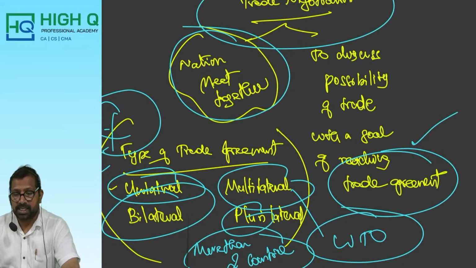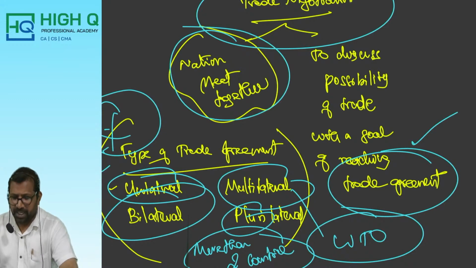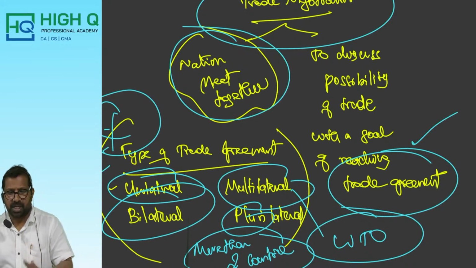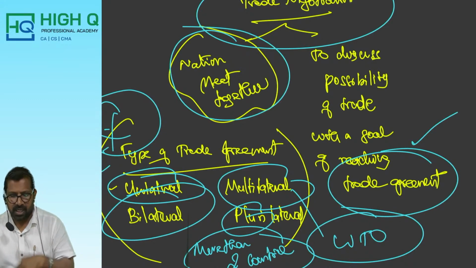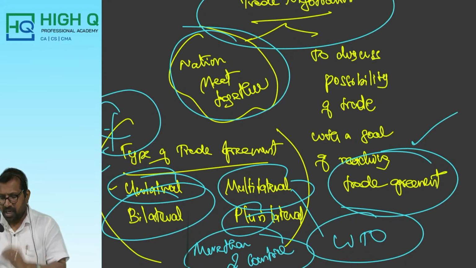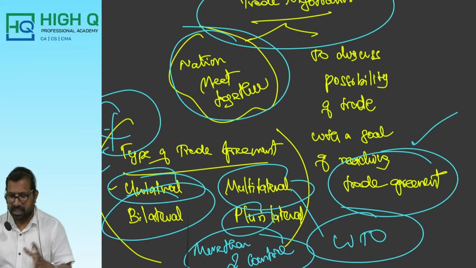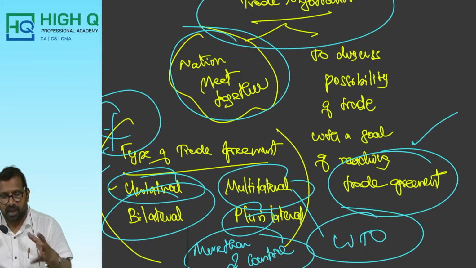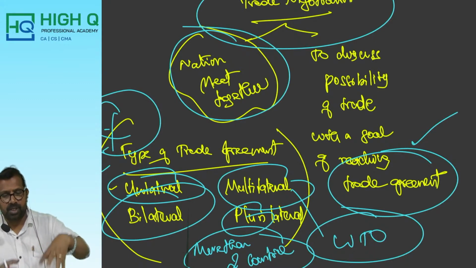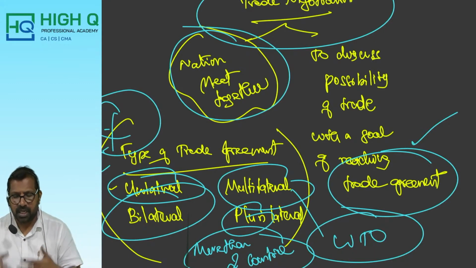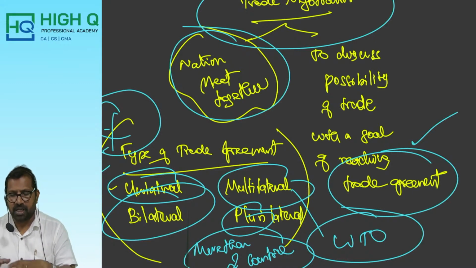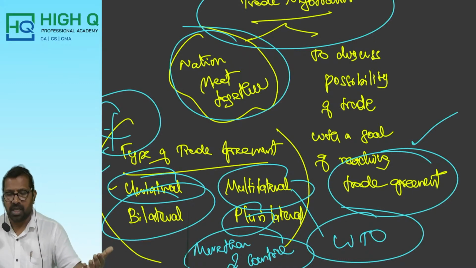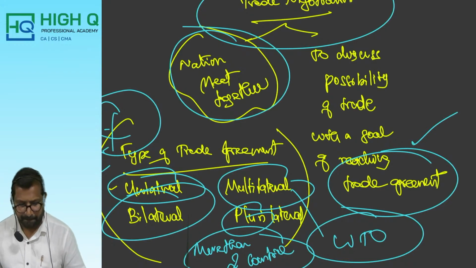Now just see, unilateral means one country, bilateral means two countries, multilateral means many nations at one time, and plurilateral means more than two nations. So the people engage themselves in order to execute the trade agreement, either in export or import, in order to bring good cooperation between the nations, especially to promote export business compared to import.